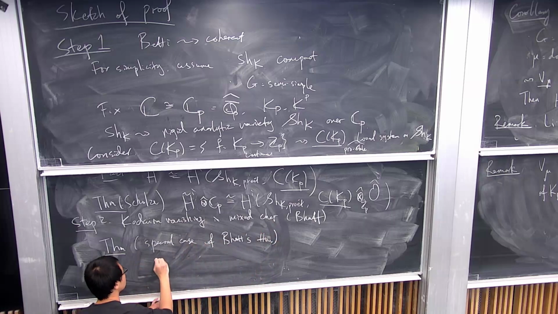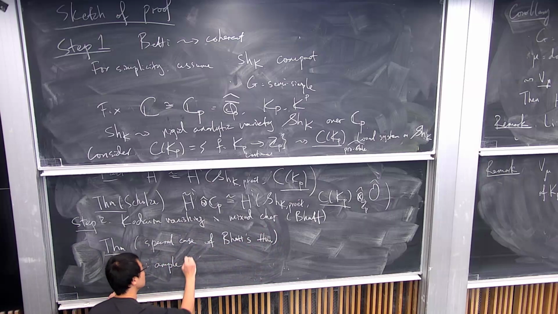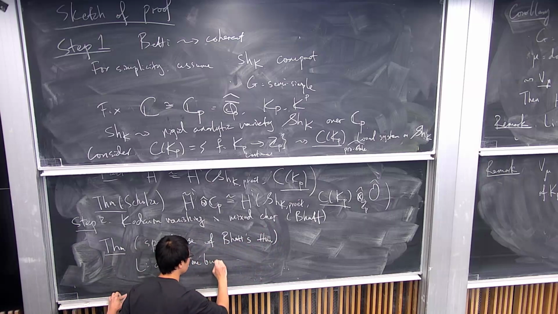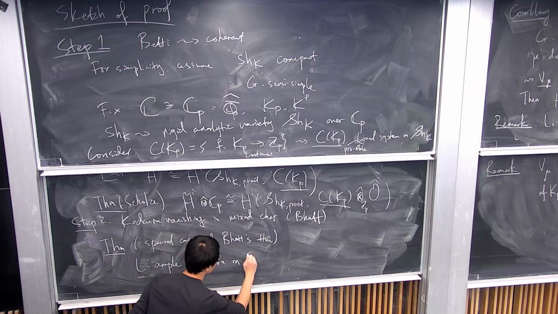In all such Kodaira vanishing, we need an ample line bundle. So let me just take an ample line bundle L on the Shimura variety.